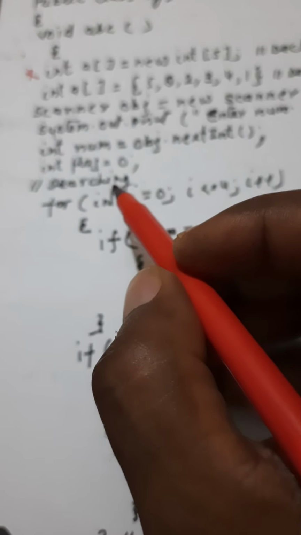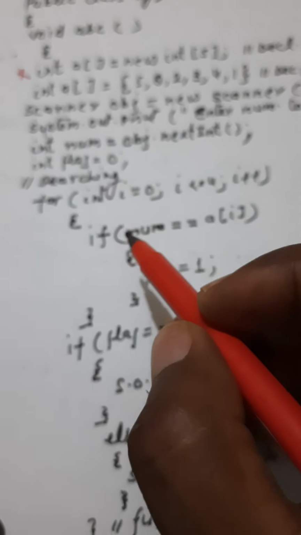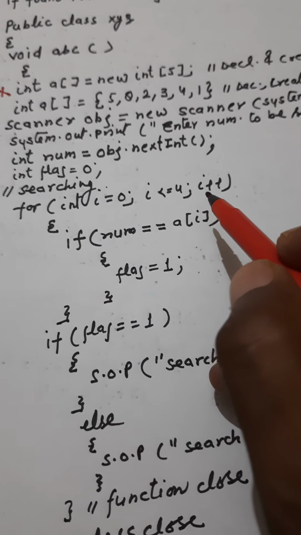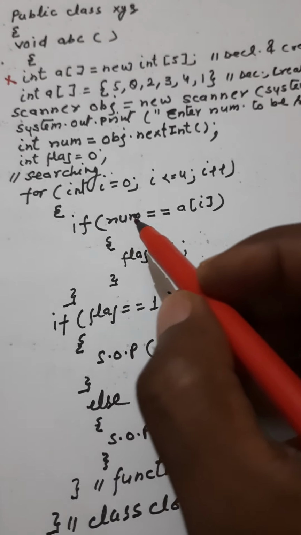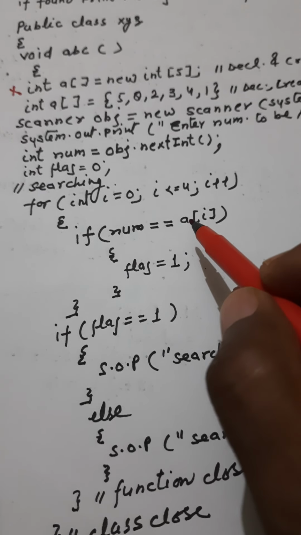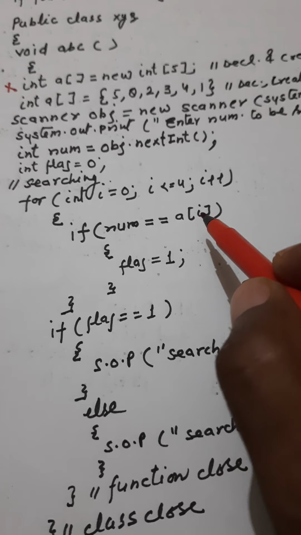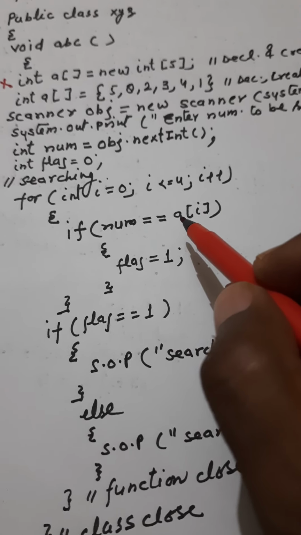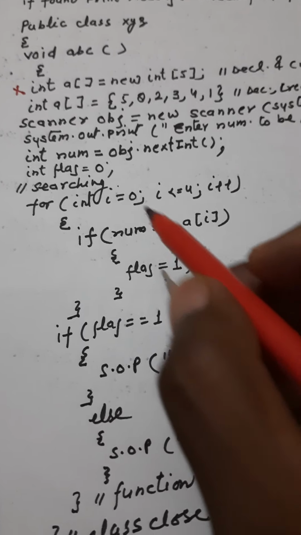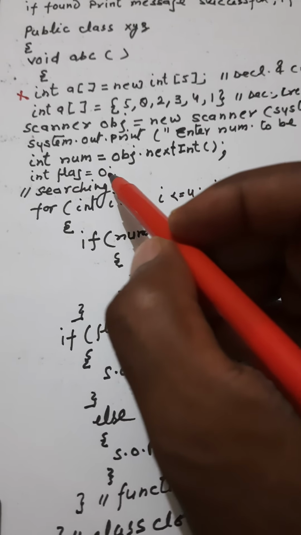Then see, searching: for int i is equal to 0, i less than or equal to 4, i plus plus. If num, meaning the inputted number, is found at the 0 location of array A, what we are doing is flag is equal to 1. Initially we have taken flag is equal to 0.